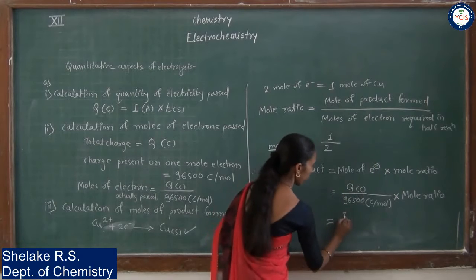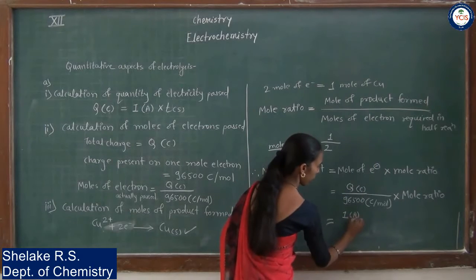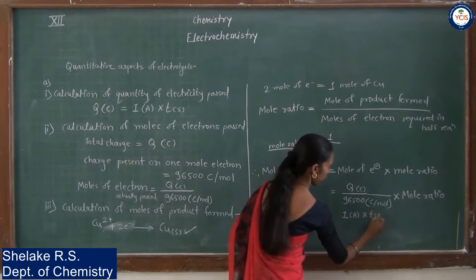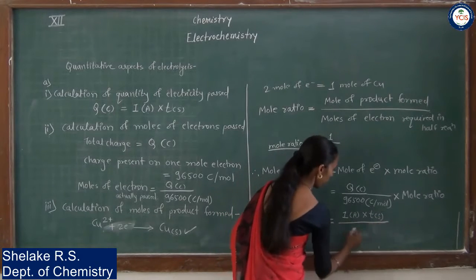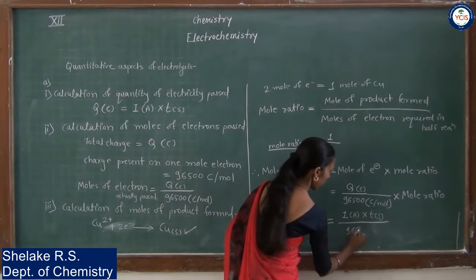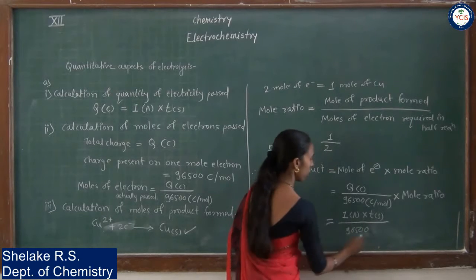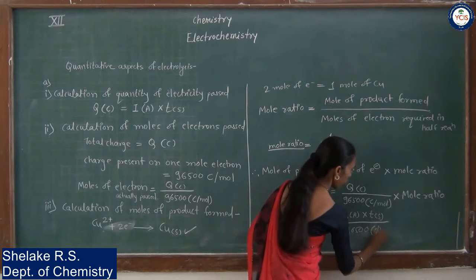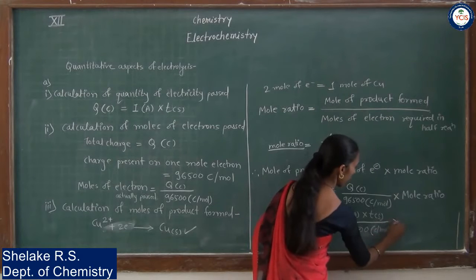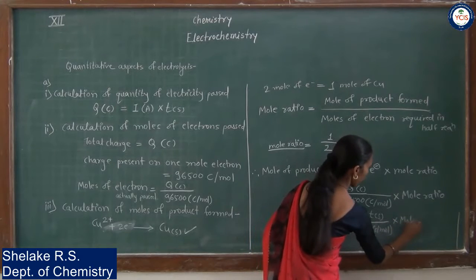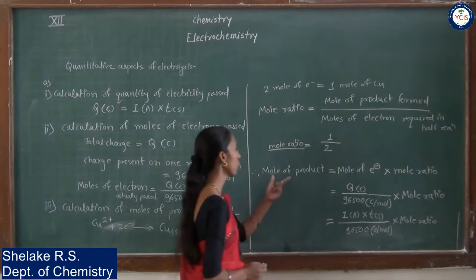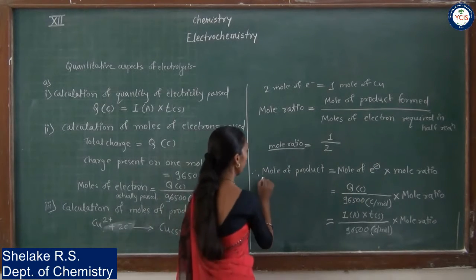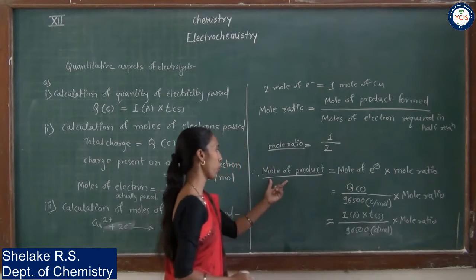Q is nothing but current in ampere into time in second. So you can write I into T divided by 96,500 coulomb per mole into mole ratio, which is nothing but the mole of product. So we have found the third formula.